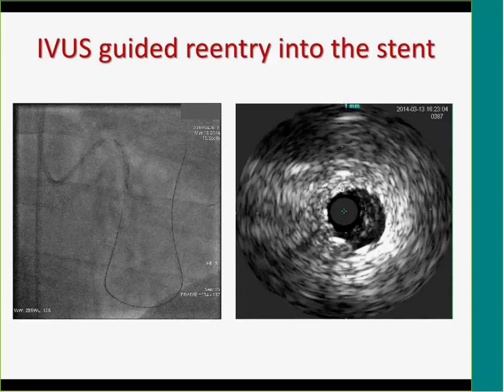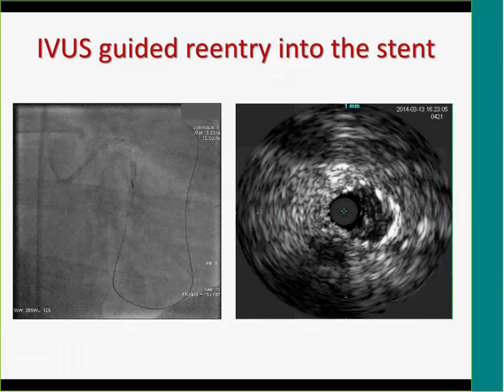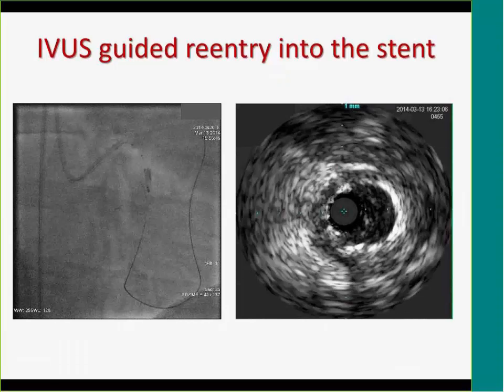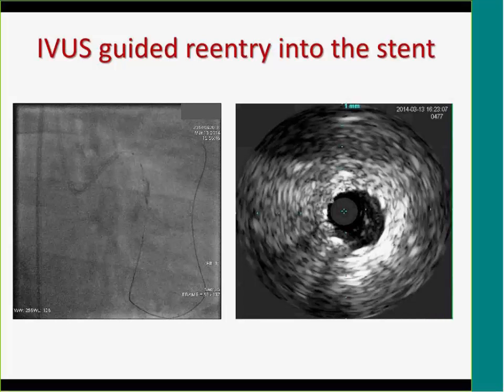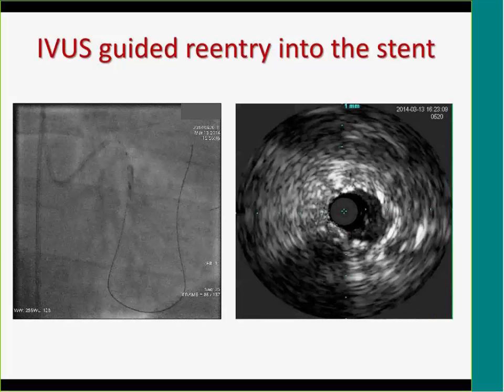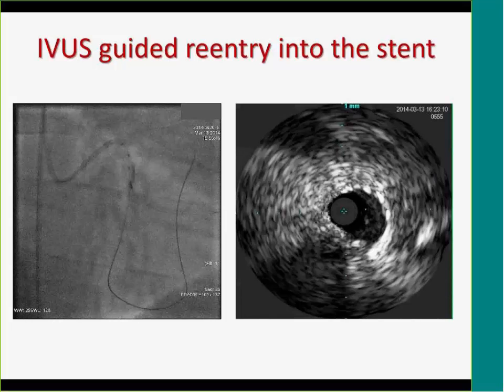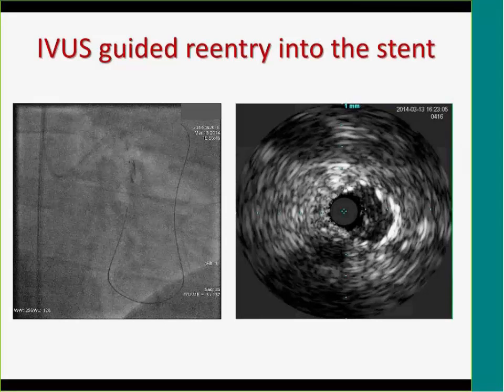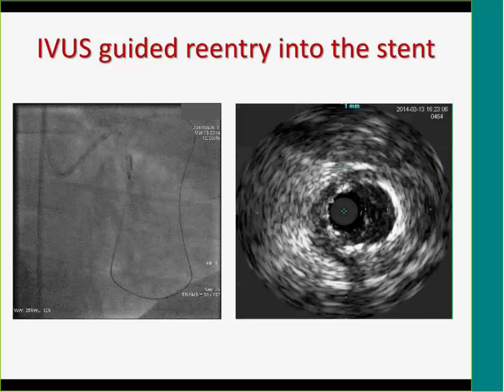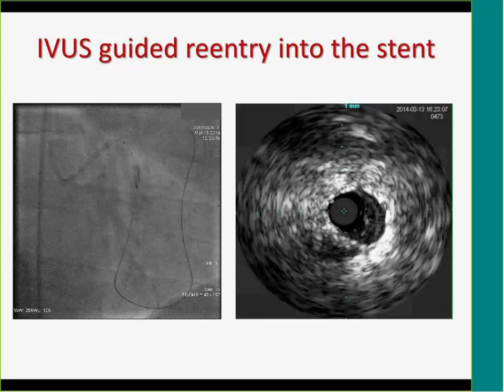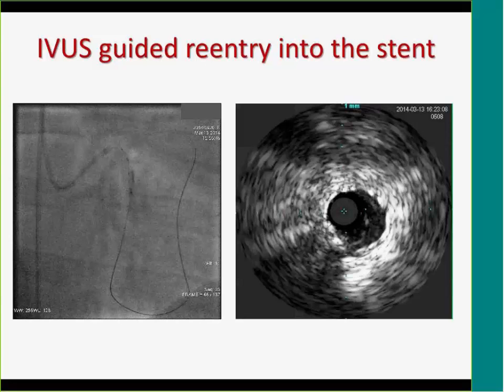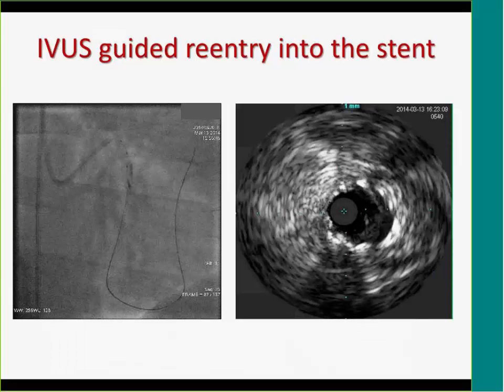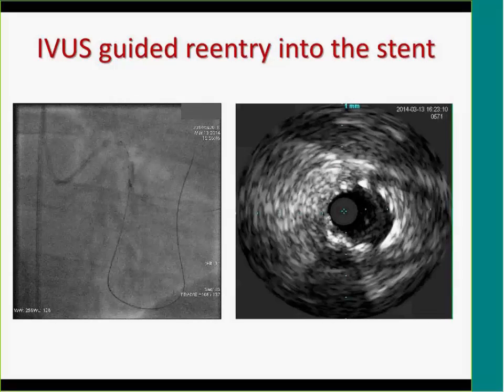So on this IVUS image, it looks at 3 or 4 o'clock that the wire is still out of the stent. I think that you can see this appearance. Now there is the wire at 3 o'clock.